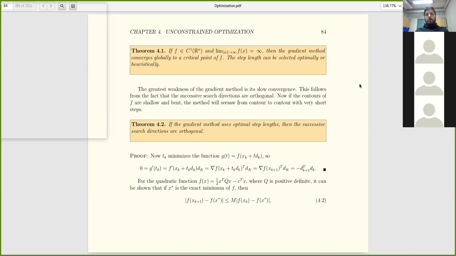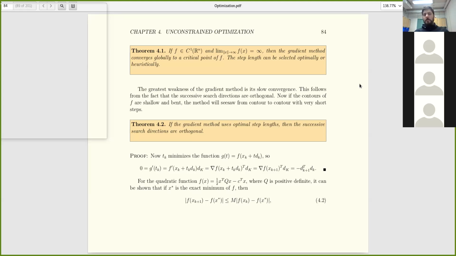Here's an example. If we have a quadratic function, so in general, second degree polynomials in Rn can always be represented by a function f(x) is 1/2 times, well, it doesn't need to be 1/2, but something times x transpose Qx minus c transpose x. If Q is positive definite, then we know that it's convex.